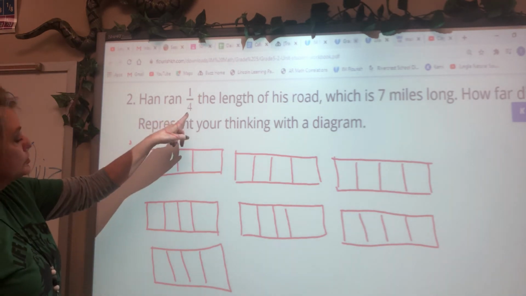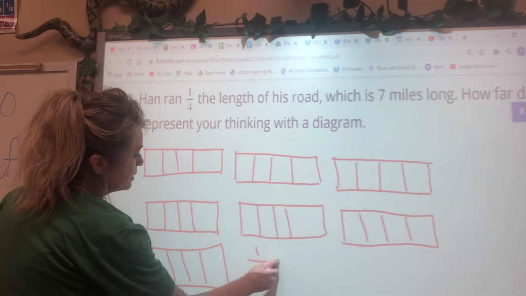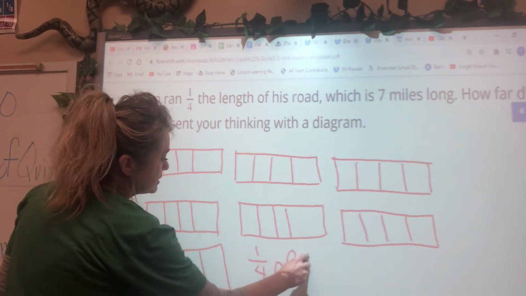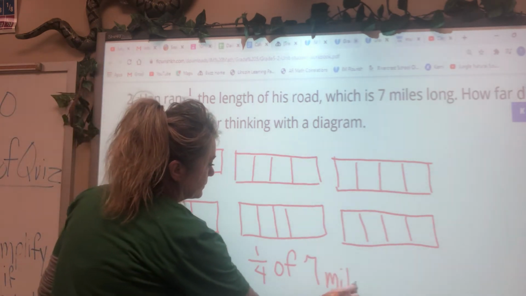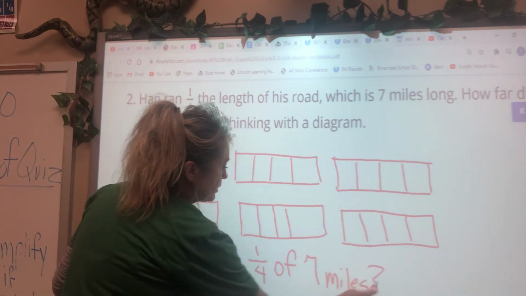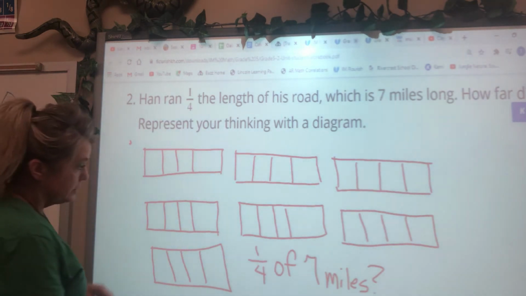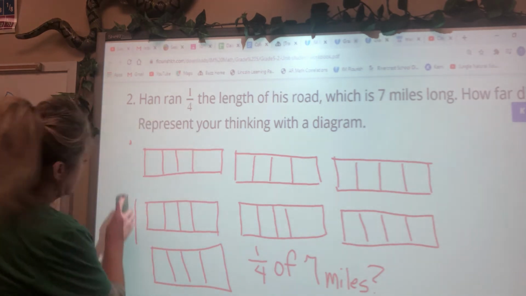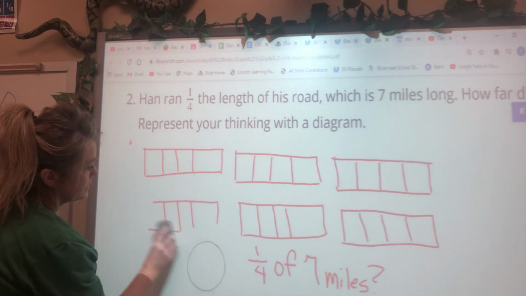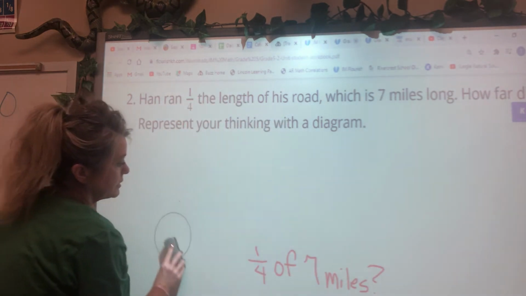Again, we're basically trying to figure out what 1/4 of 7 miles is. And we've talked about that of typically means multiply in math. Let me erase this diagram really quickly so I can move this up.